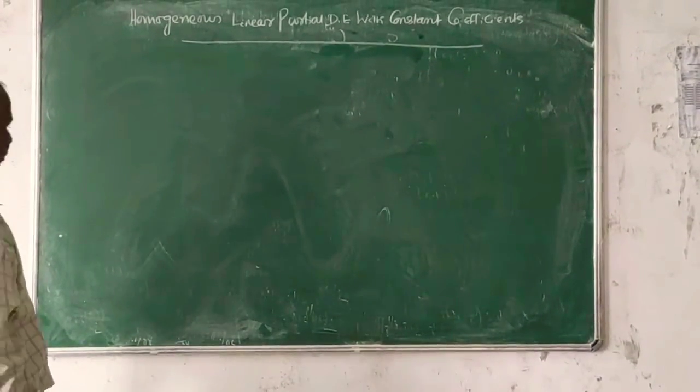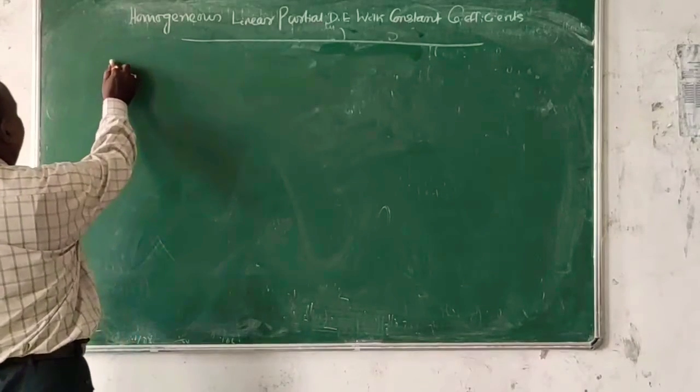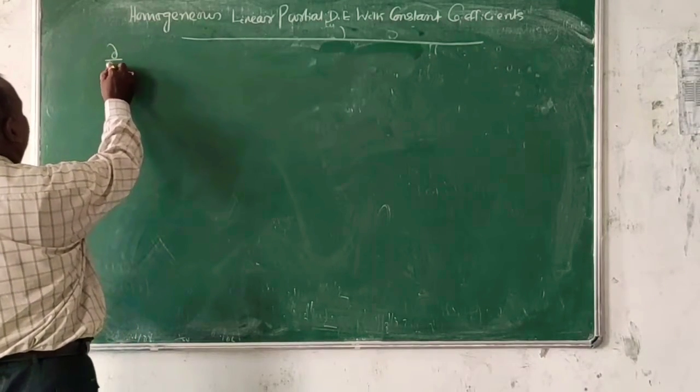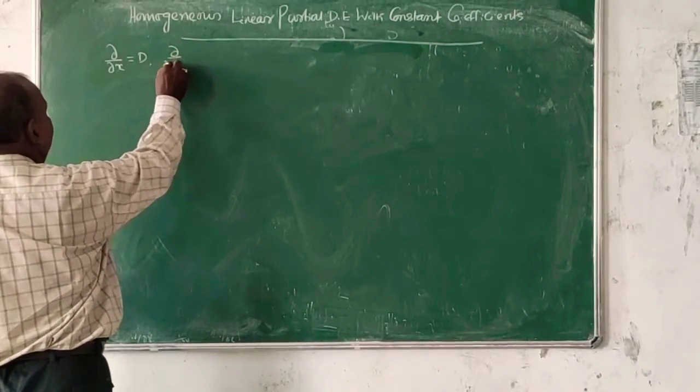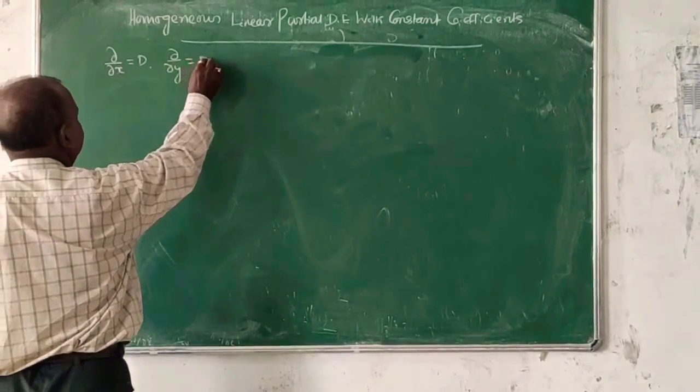Before going to this, you have to take del by del x as capital D, and del by del y as D dash.